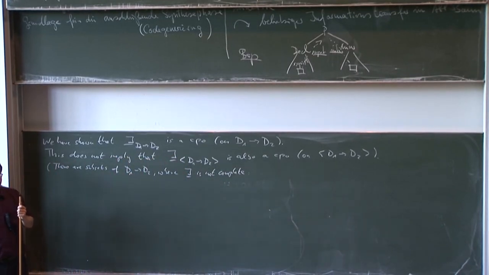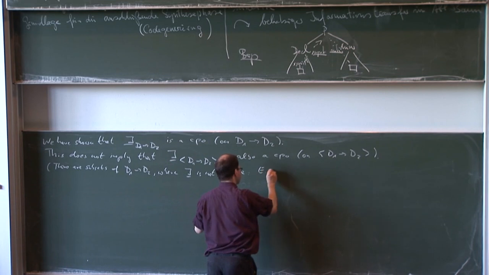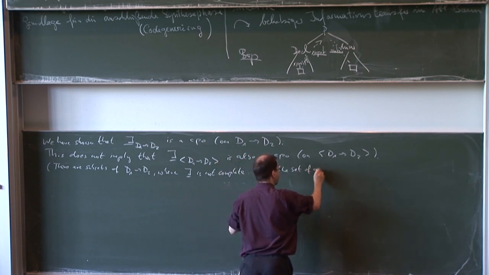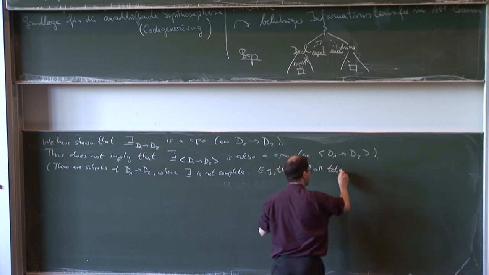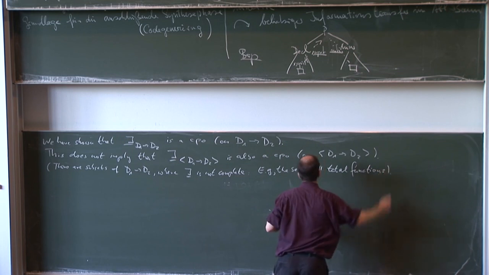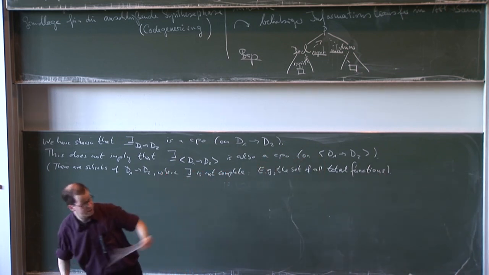So the set of all total functions is clearly a subset of all the functions. Now, you probably remember this leading example that we had with these fact0, fact1, fact2 functions.